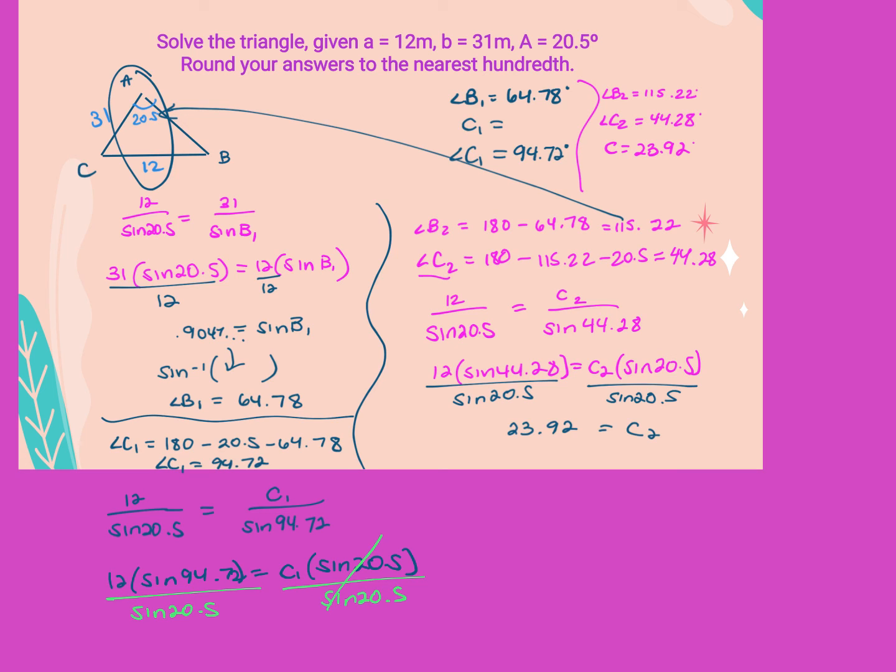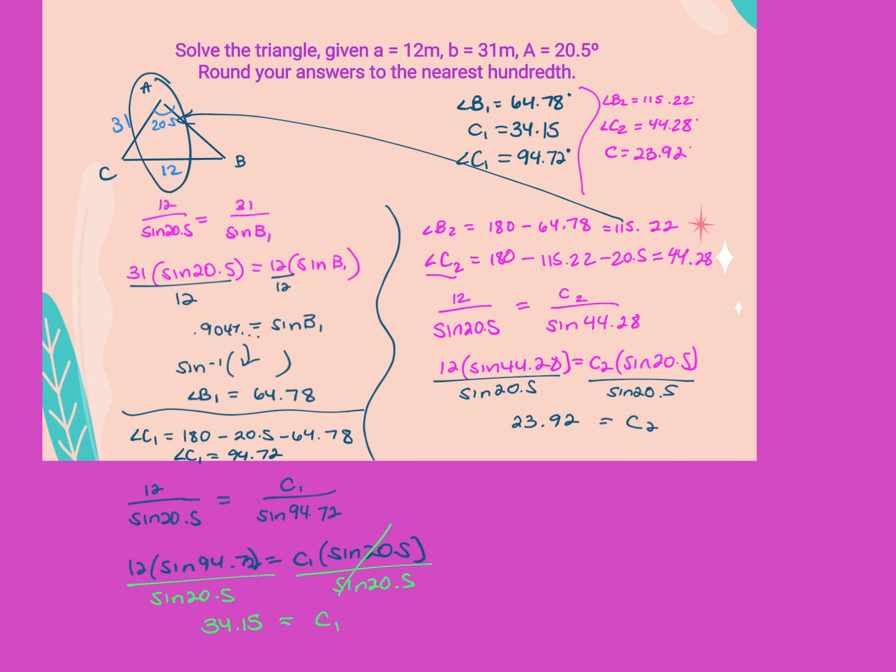Sine 94.72 divided by sine 20.5. And C1 is 34.15. If I included units, all the sides would be meters, and obviously all the angles would still be degrees.